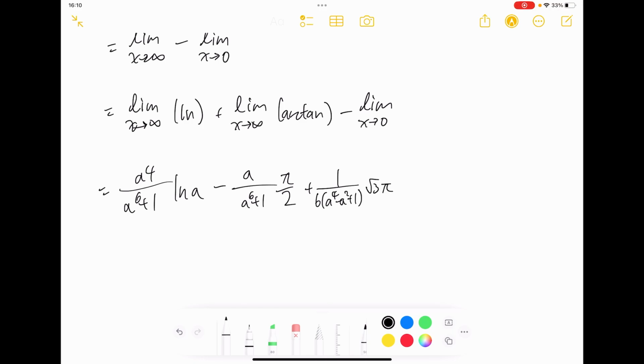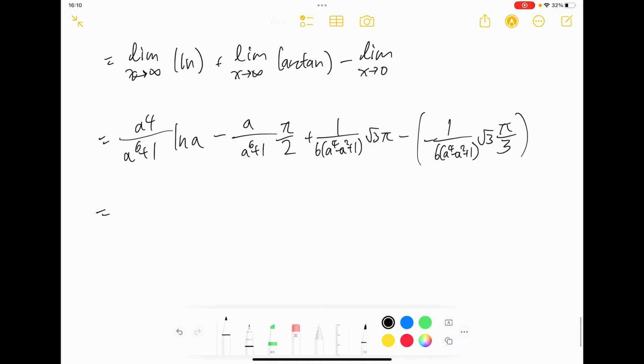And the limit as x goes to 0, we got minus negative 1 over 6 times (a^4 - a^2 + 1) times root 3 times pi over 3. And of course, we'll just copy this down, but we can rearrange the last 2 bits.